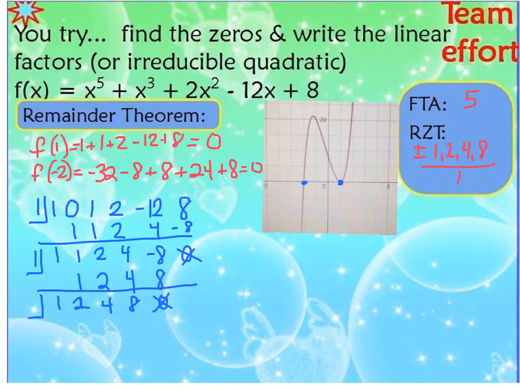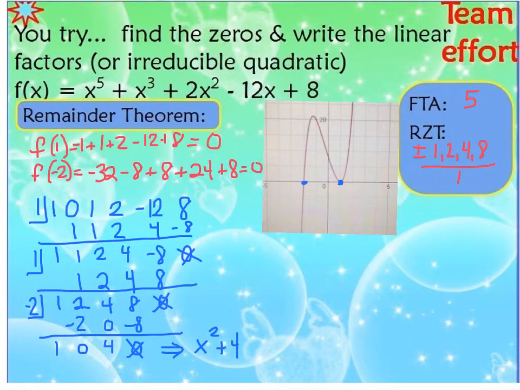So now I'm going to go back to that negative 2 that I found and run it through. Okay, there's that remainder. All right, so now I'm down to a quadratic. That is the equivalent of an x squared plus 4, which again is not one of the normal ones that we would typically try to factor.